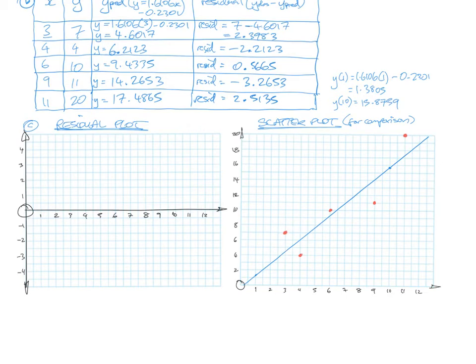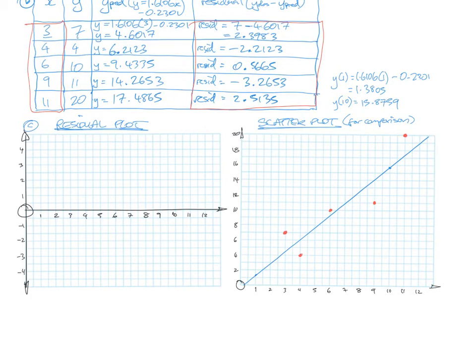Now, to draw a residual plot, all you are doing is plotting the same x's from the data, that serves as your x-axis, and the y-axis is going to be the residuals instead of the y data. So when x was 3, the residual was 2.3983, so it's going to be somewhere there.